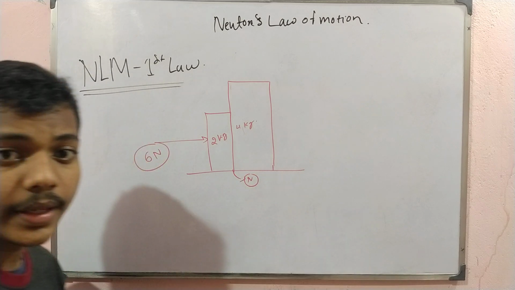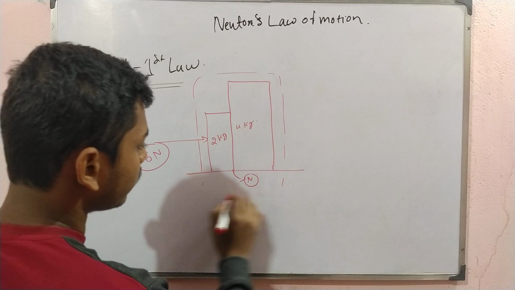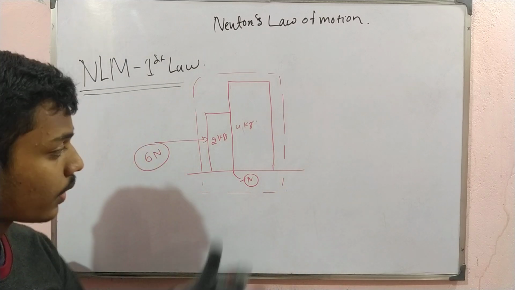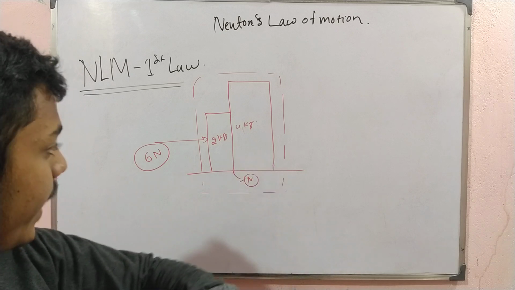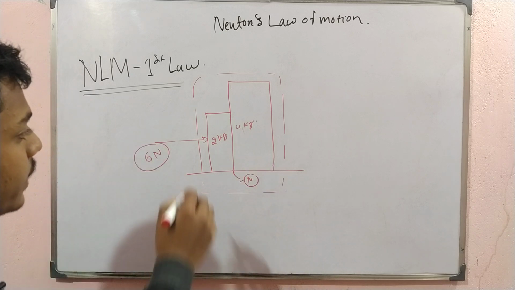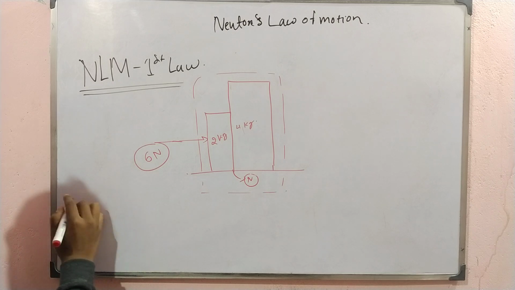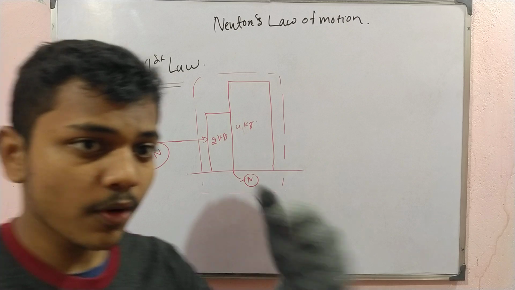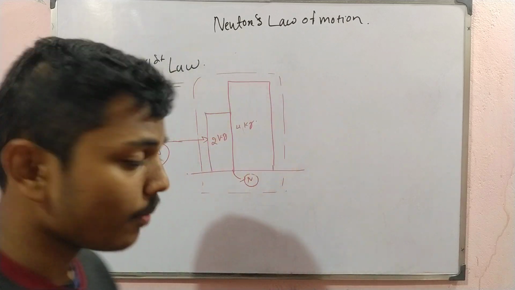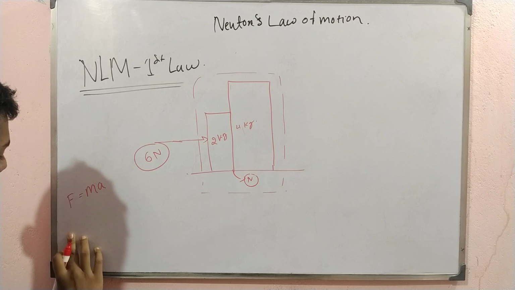We can find it easily if we combine the whole system. The total mass is 4 plus 2, which is 6. We know the formula F is equal to ma. We will talk about this formula in Newton's second law of motion, but for now we remember the formula F equals ma.